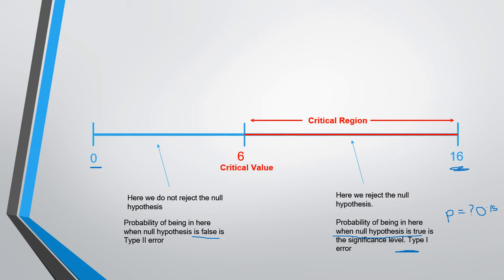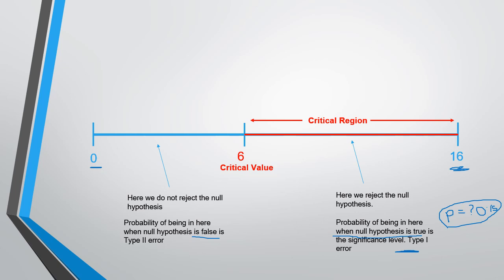If I'm in there, I'm saying that the teacher has improved, but when the null hypothesis is true. So that, in context, means I am saying that the teacher has improved the teaching when in actual fact p is still 0.15. Okay, so that's an error, isn't it? I'm saying he's improving when in actual fact it hasn't.